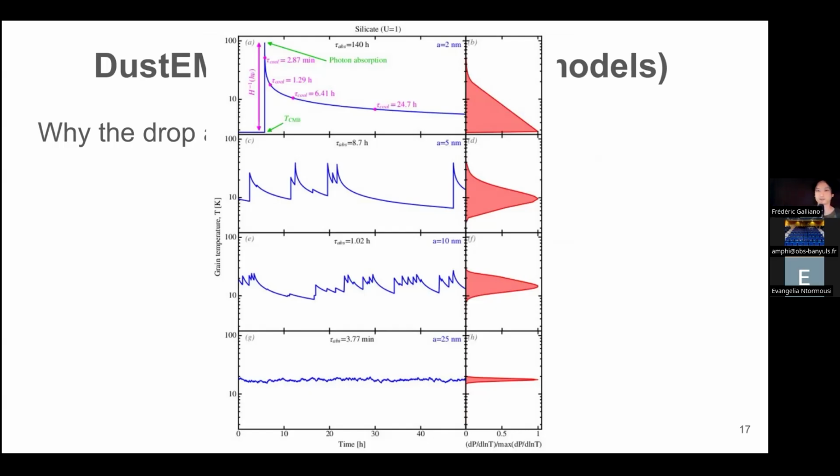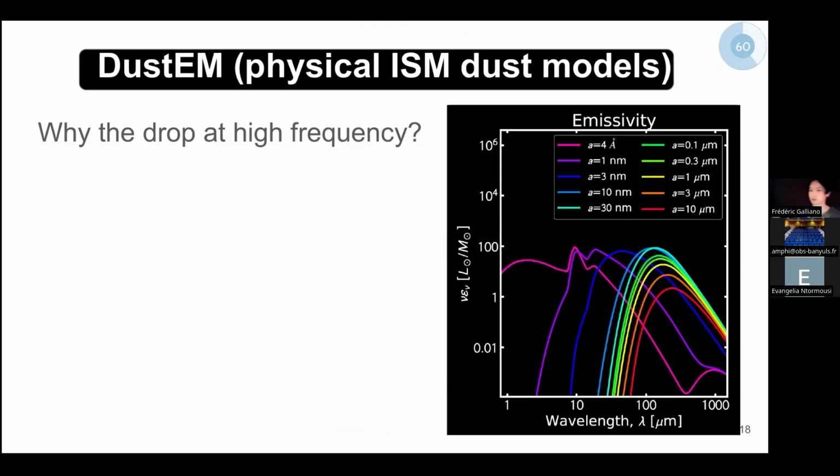But if you have larger grains, they have a higher probability of getting hit by photons. So eventually you will reach this equilibrium condition of a specific temperature. And if you translate this to the ICD, you will see that for larger and larger grains, you will have an ICD that decreases around the higher frequency.